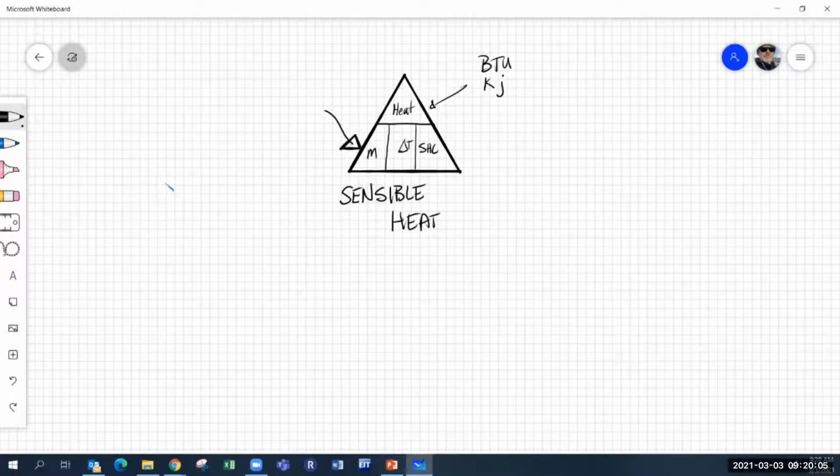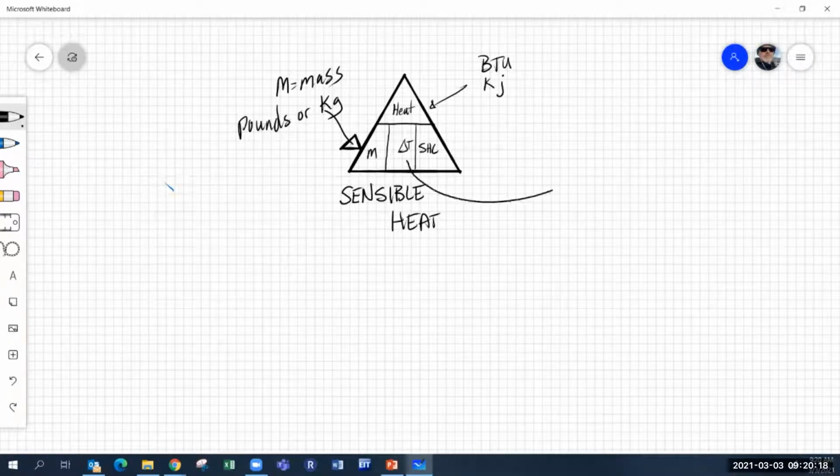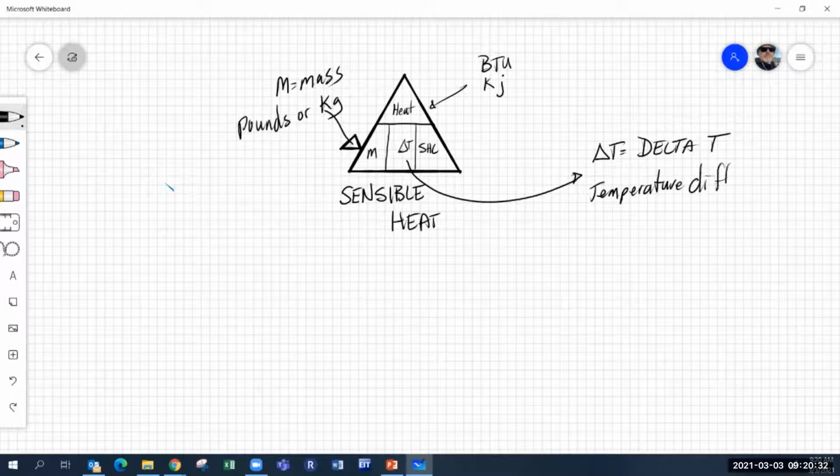Mass over here, that's the M. M is equal to mass. The mass always has to be either in pounds or kilograms. Always, always. The delta T over here, this is delta T. And this is the temperature difference between the substance start and finish.